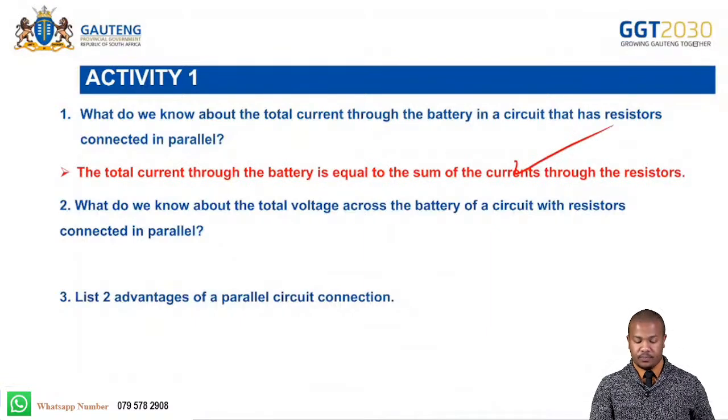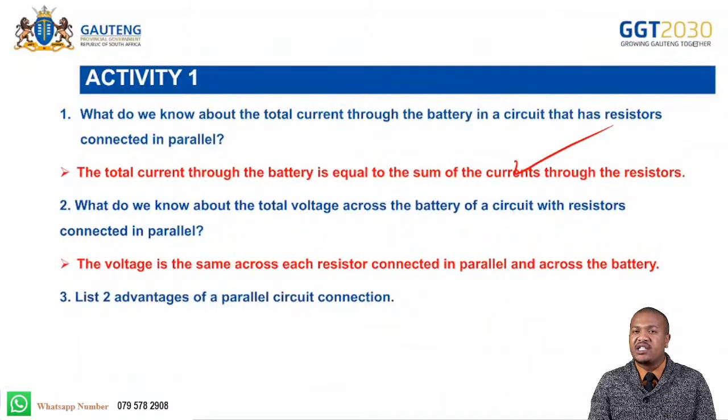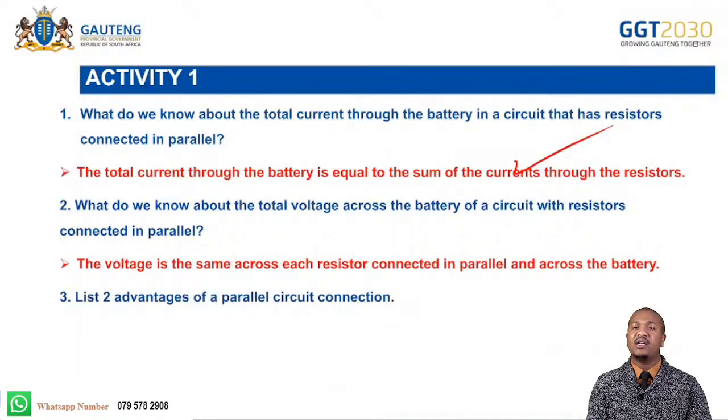Then number 2, what do we know about the voltage across the battery of a circuit with resistors connected in parallel? Right? The answer is the voltage is the same across each resistor connected in parallel and across the battery.